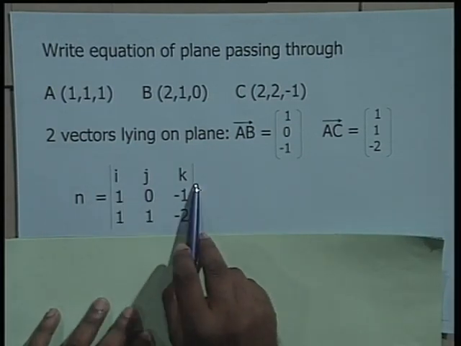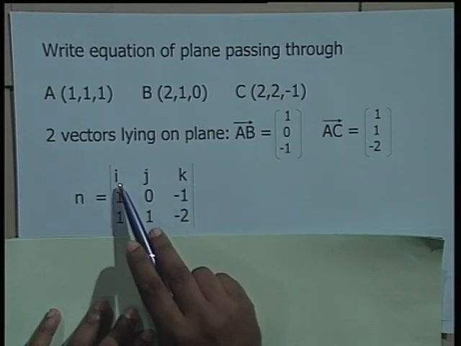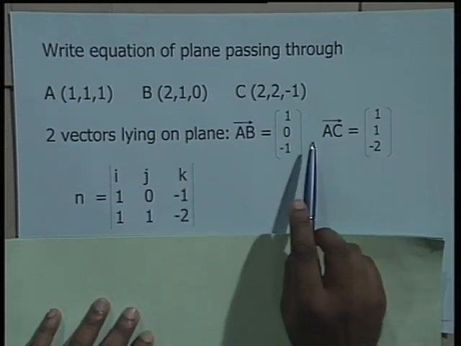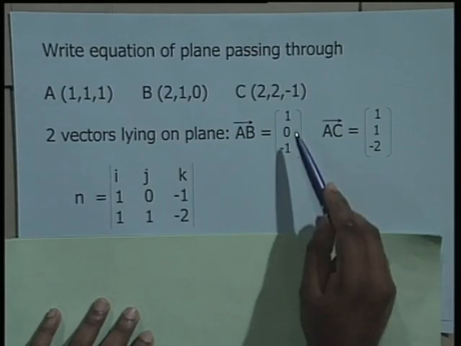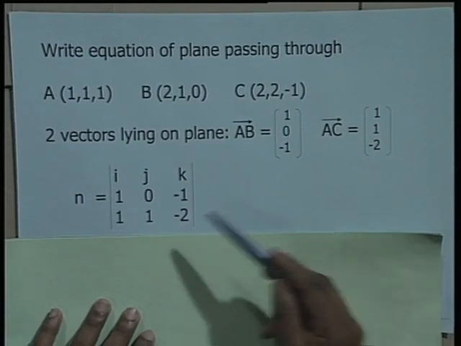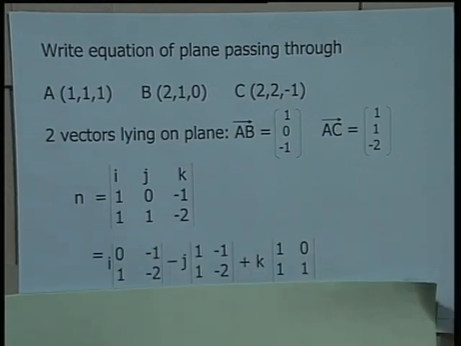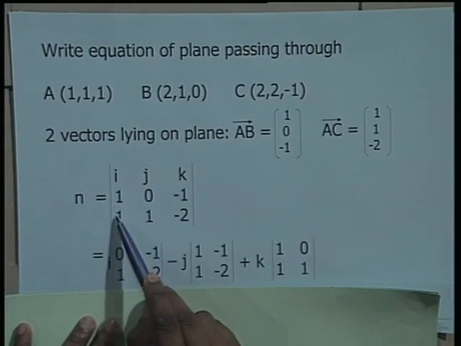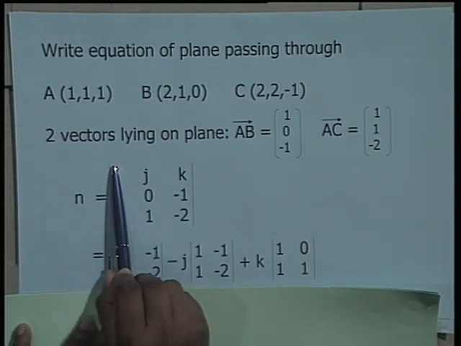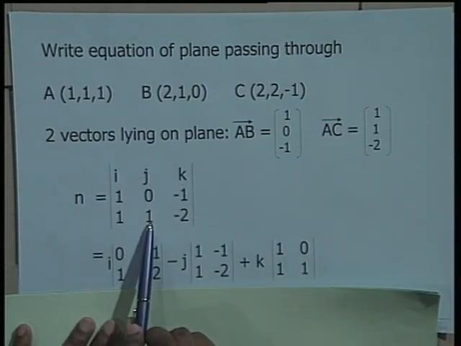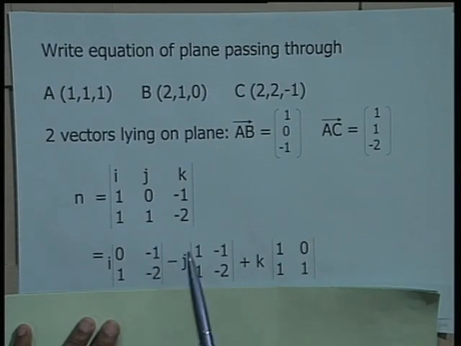So we express it as a determinant. The first row would have as entries i, j, k. The second row, one of the two vectors lying on the plane. We have chosen to write AB first, 1, 0, minus 1, and then AC, 1, 1, minus 2. We evaluate that 3 by 3 determinant. It is i times the determinant of the 2 by 2 matrix obtained by deleting the first column and the first row, which remains 0, minus 1, 1, minus 2.